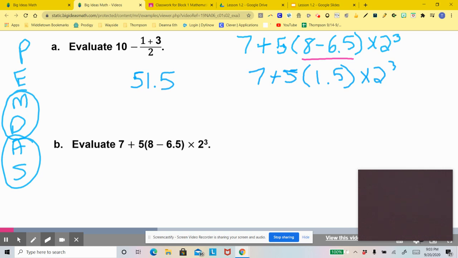So what you want to know is when you have a number next to a parenthesis, it means multiplication. So you can either write it like that, or you can write it with that raised dot that we just learned. Just be careful, because the reason why they're not using a raised dot is because you have decimals in this question.